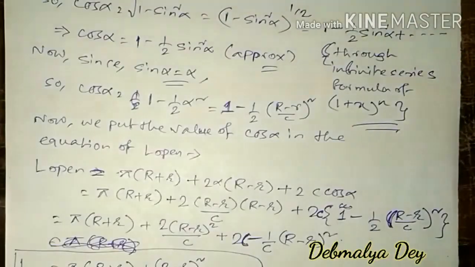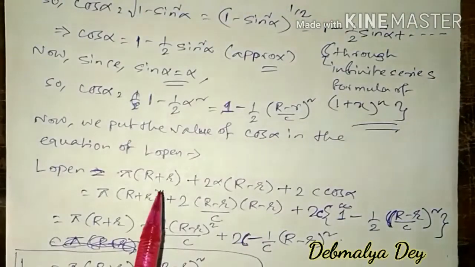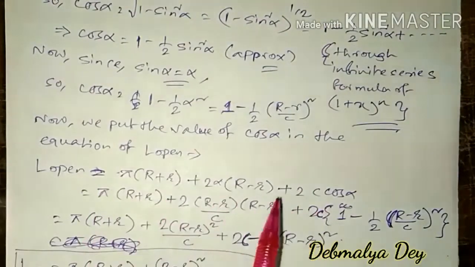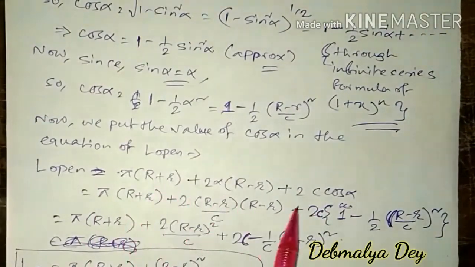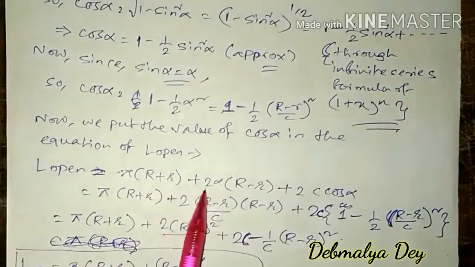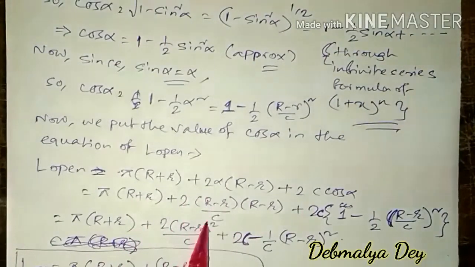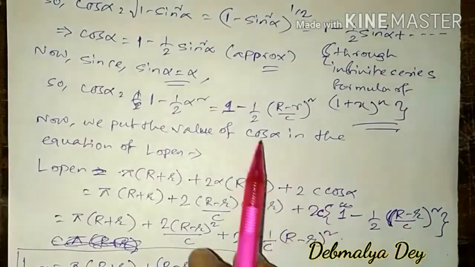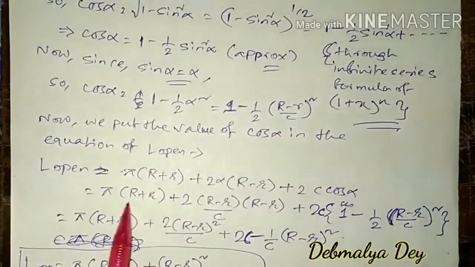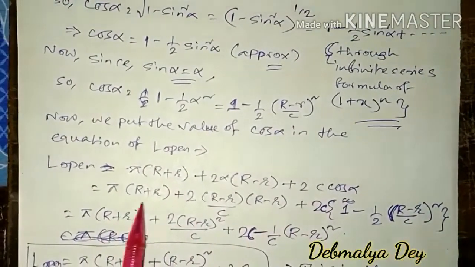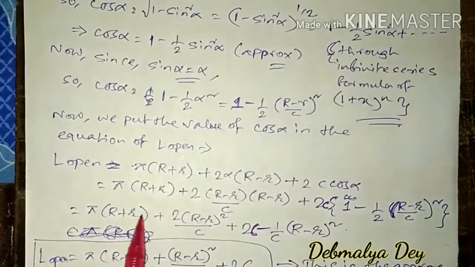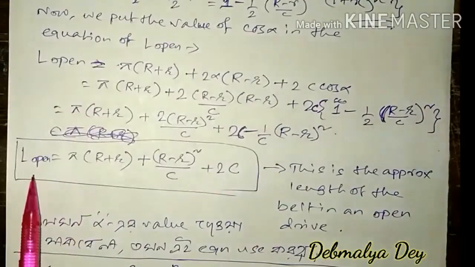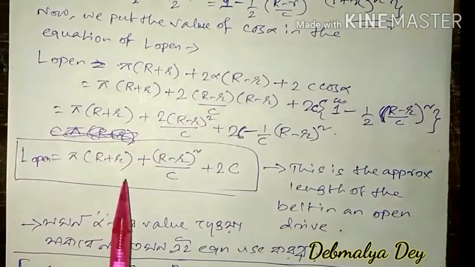Now we will put the value of alpha and cos alpha in the equation of the open belt. This was the equation of the exact length for the open belt. In the next step I have put the value of alpha and the value of cos alpha, so we are able to eliminate the term alpha from the equation. Now we simplify this, and ultimately we find our required equation for the length of the open belt.